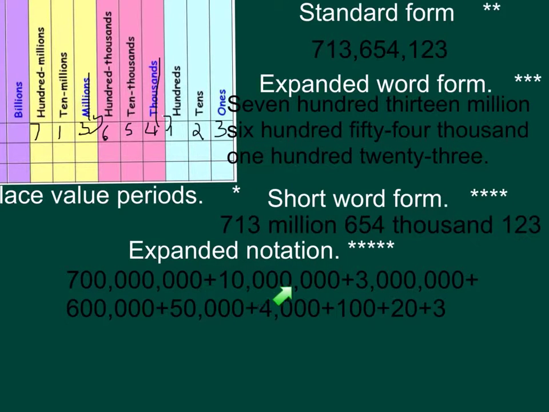Then 10 million. 3 million. 600,000. 50,000. 4,123. These are just a few ways of reading the numbers that we have in everyday life.